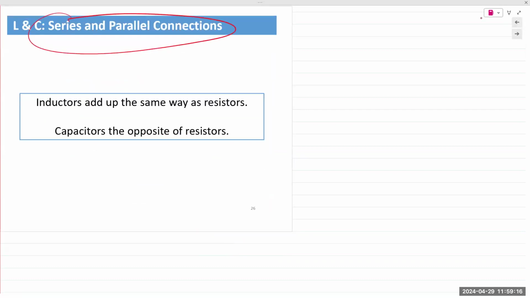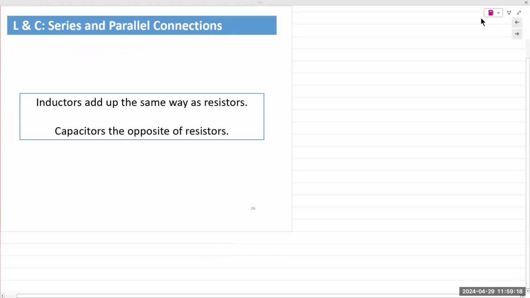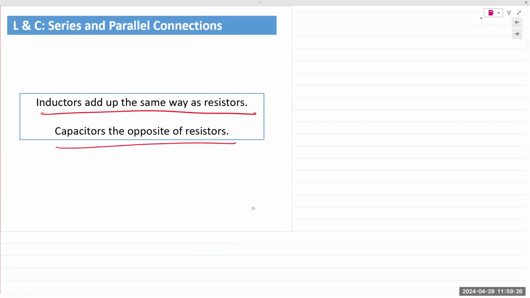If you have series and parallel connections of inductors and capacitors, you can reduce them similar to how you reduce resistors. Inductors add up the same way as resistors, capacitors the opposite of resistors, meaning if you have inductors connected in series, you simply add them up. In parallel, you add up the reciprocals.